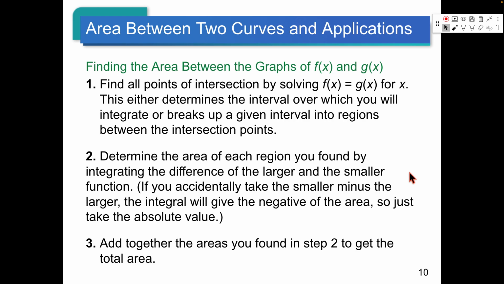And then from the graph, we see which one's on top, which one's on the bottom. And we're going to do one where one starts out on top, but they cross over again, and then it switches. So we're actually going to have to do two integrations. We'll do that on the next one. But we know that from the graph. So it's important, graph the two functions, and that will tell us pretty much everything we need to know. It'll tell us where the intersections are and so forth.